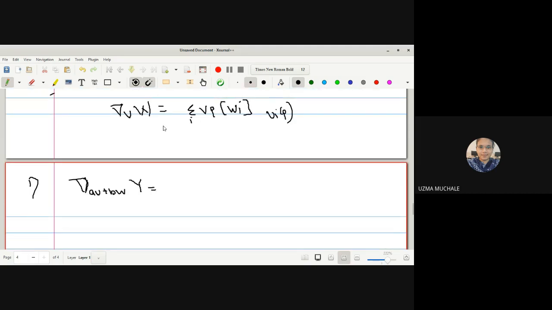V is a tangent vector, so we have written the summation over i of VP Wi. So here this is AV plus BW, the summation over i of AV plus BW at a point P. What will come in place of VP here? Instead of V we have AV plus BW. Can everyone see the difference? So here we have written this term, and here we have Wi. Instead of Wi, what should we write here as the change? Here it is Wi, so what will come here? Yi. Okay, and this Ui at a point P as it is.